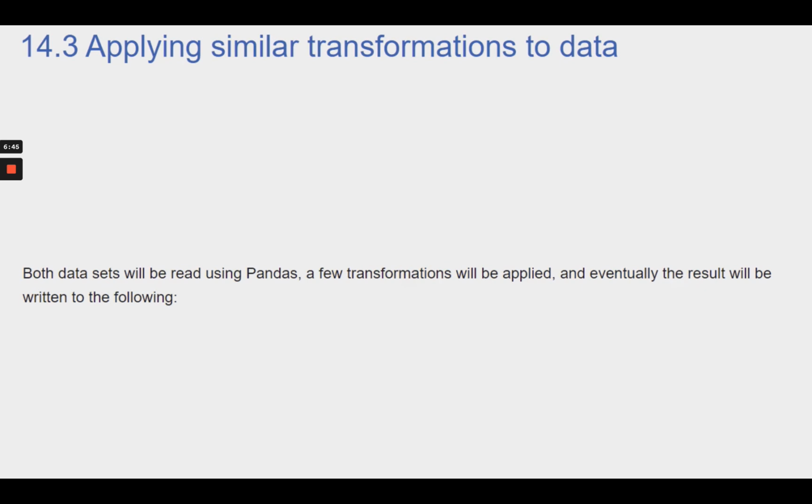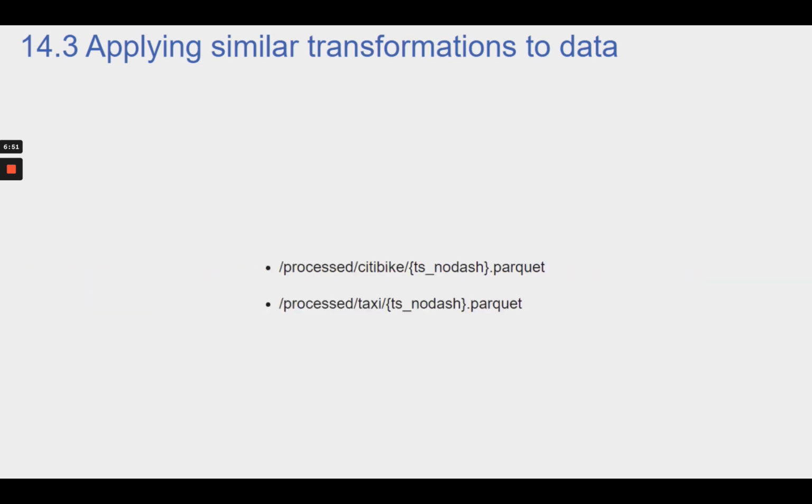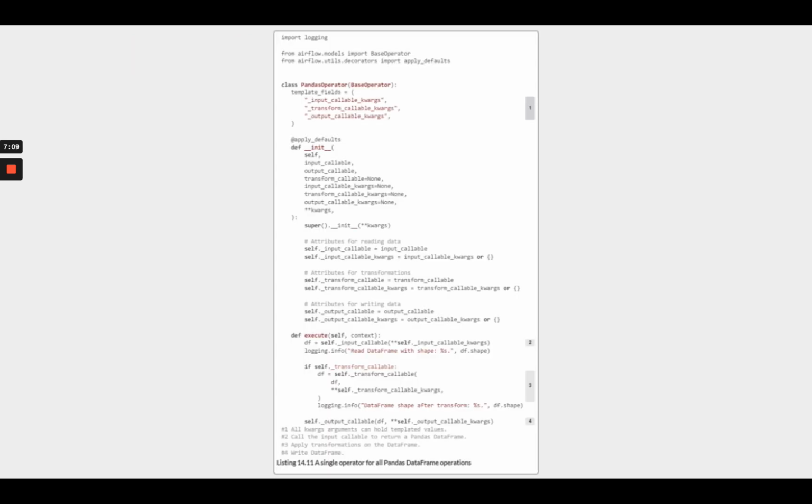Both datasets will be read using pandas. A few transformations will be applied, and eventually the result will be written to the following: /processed/citybike/{ts_nodash}.parquet and /processed/taxi/{ts_nodash}.parquet.